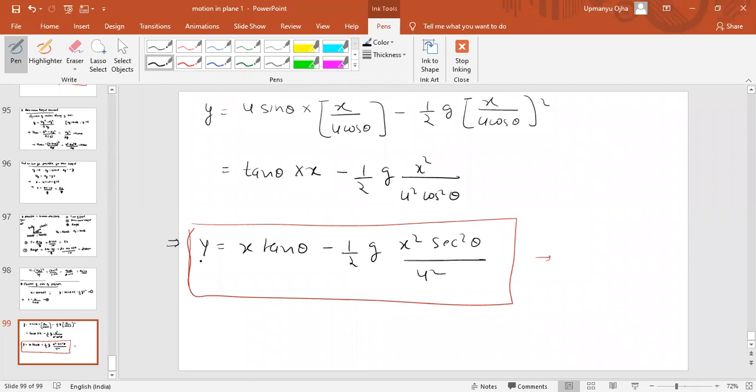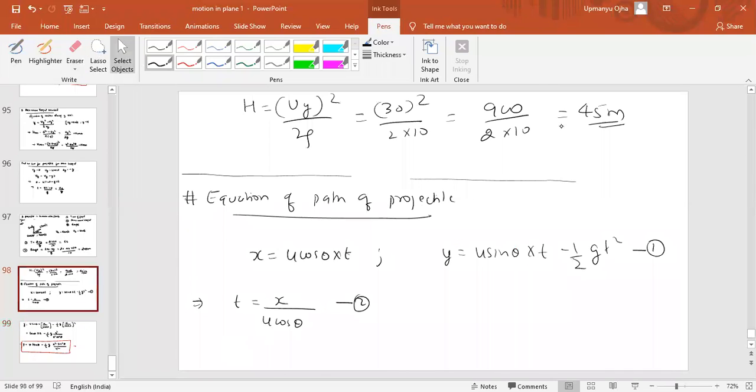Can we say y equal to mx minus m dash x square? So this is the equation of the path of projectile: y equal to x tan theta minus half g x square secant square theta by u square. Okay, fine, understood.